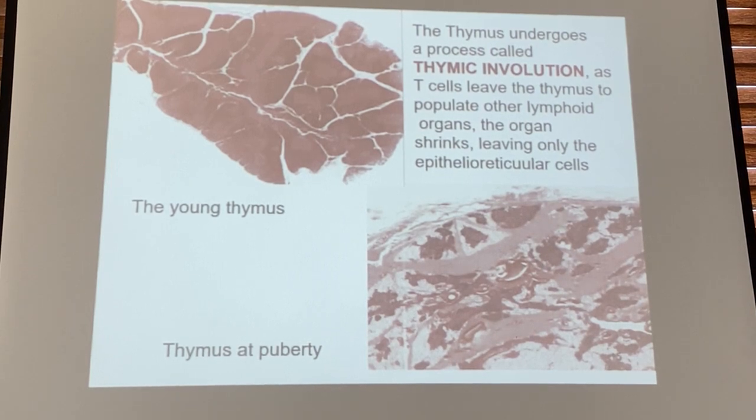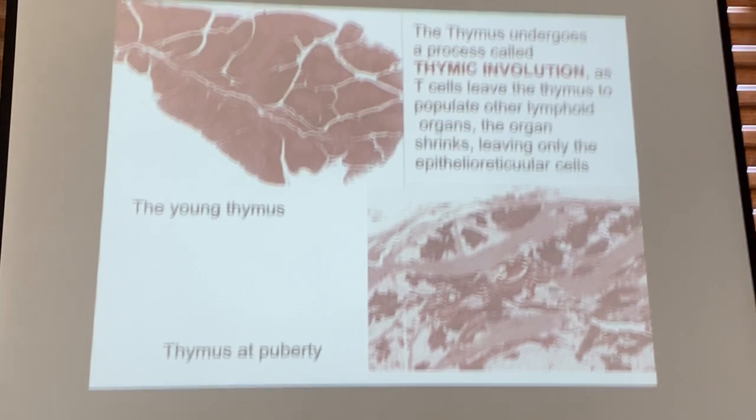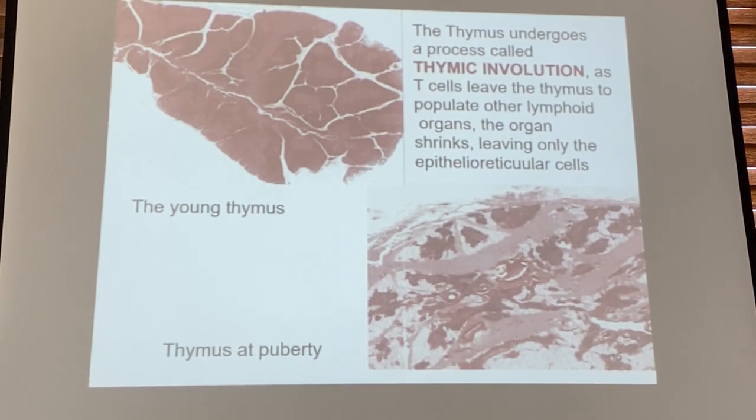As T cells leave the thymus to populate other lymphoid organs, the organ starts to shrink, leaving only epithelial reticular cells, and these cells form the Hassall's corpuscles. That's why when you examine a biopsy or specimen from the thymus of the elderly, you find the thymic lobule medulla is occupied by a large number of these corpuscles.